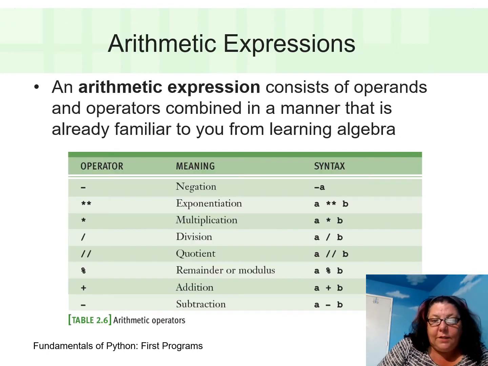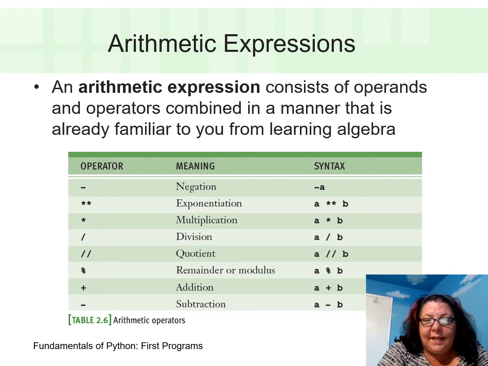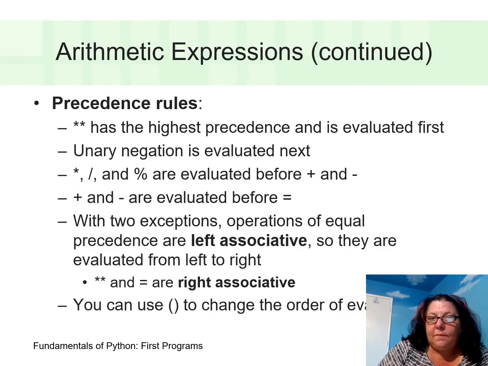We have operators like addition, subtraction, multiplication, division, and we create arithmetic expressions that consist of these operands and operators that do negation, exponentiation, multiplication, division, quotient, which is a divisor without a remainder, and then remainder, or modulus, and then addition and subtraction.